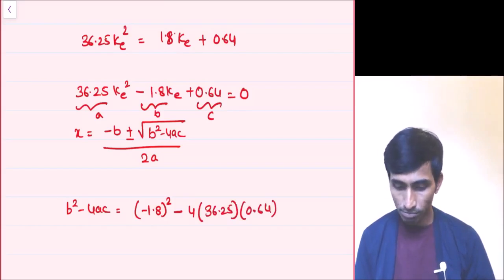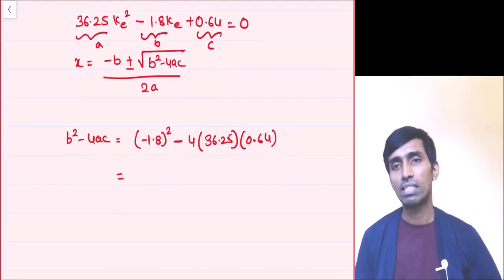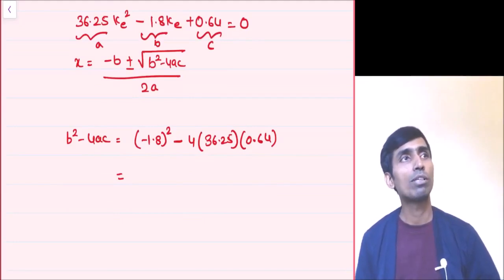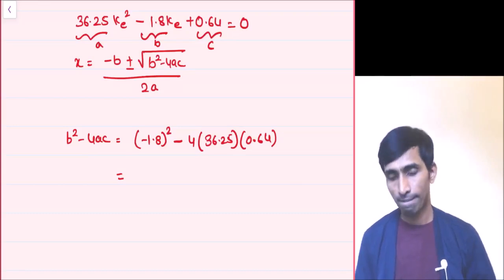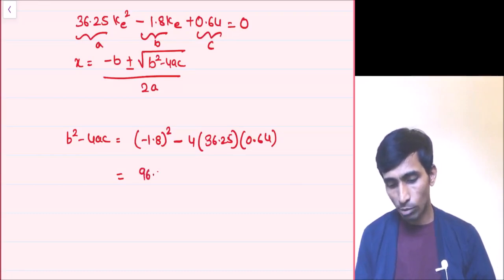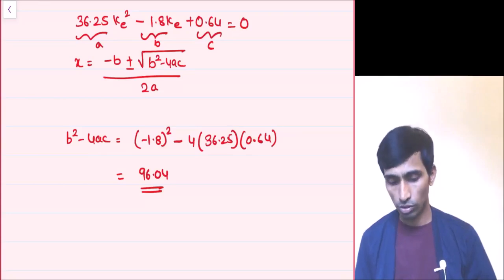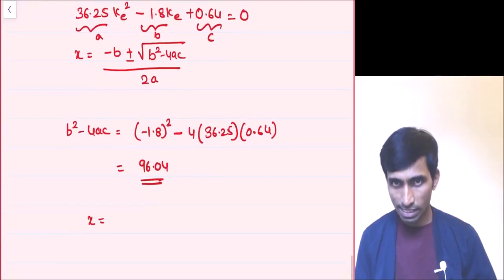Check how much you are getting. 1.8 the whole square, and then multiply the right hand side, after the minus, 4 into 36.25 into 0.64, answer is 96.04.